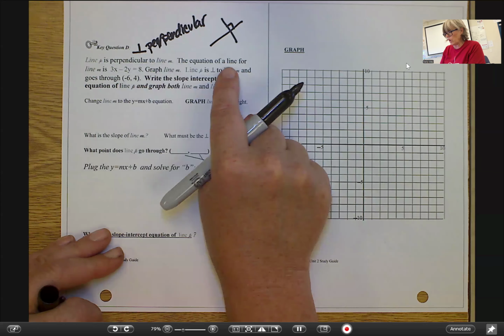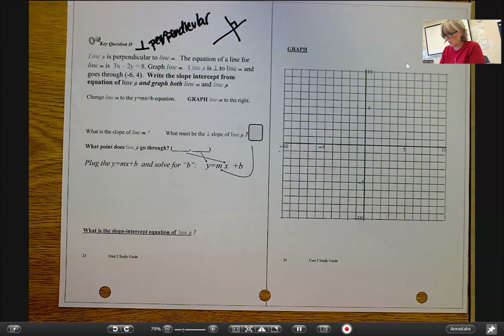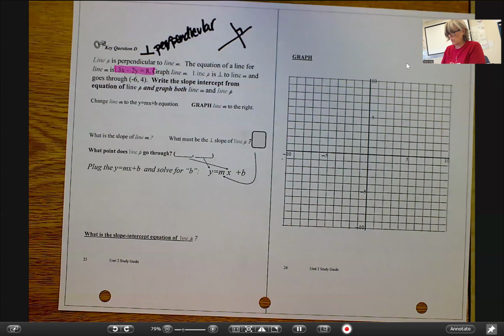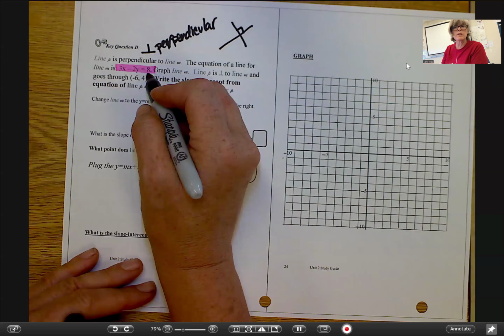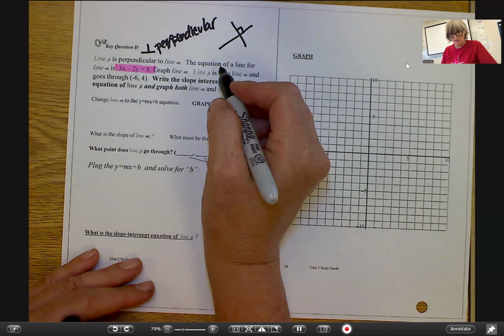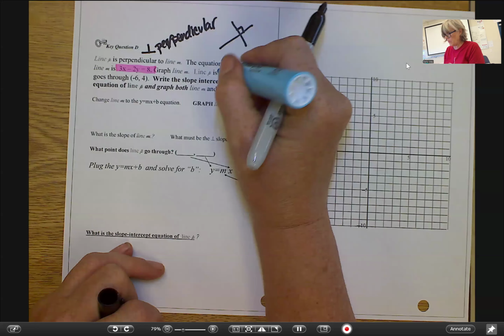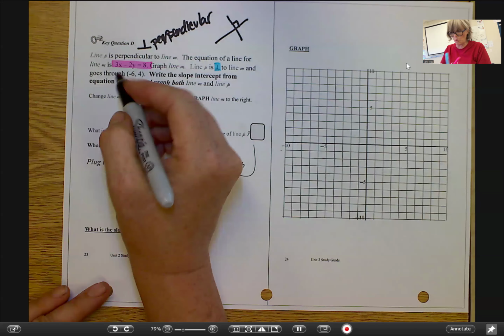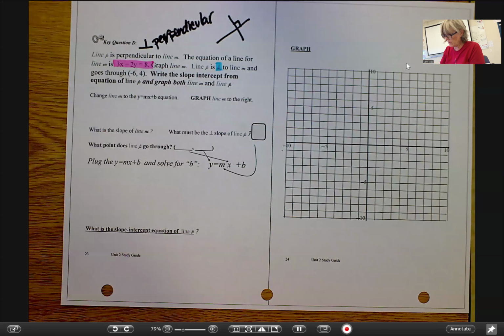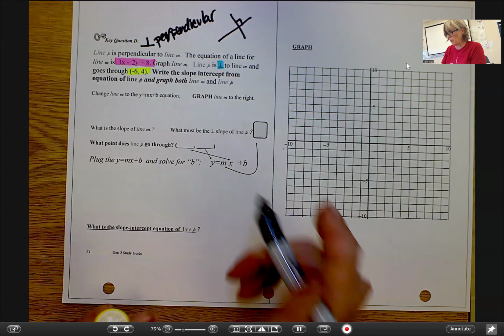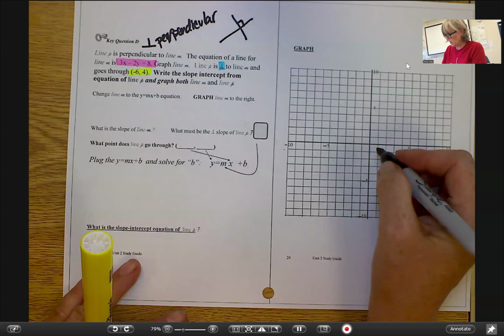The equation for line M is 3x minus 2y equals 8. Line P is perpendicular to line M and goes through this point, -6, -4.